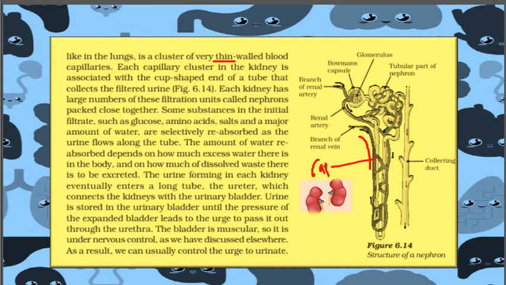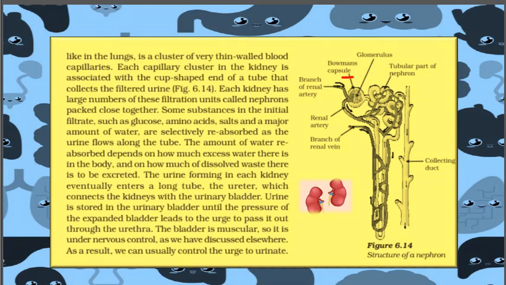Each capillary cluster in the kidney is associated with the cup-shaped end of a tube, and this cup-shaped end of the tube collects the filtered urine from the capillaries. What do we call this cup-shaped structure? That is the Bowman's capsule.